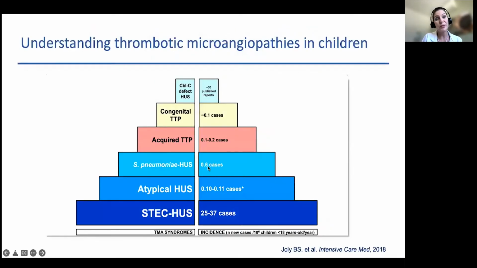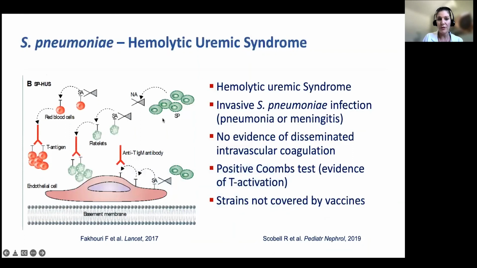In the infants presenting with TMA, especially in the ICU, it is very important to understand and to think that there may be a pneumococcal HUS. The pneumococcus produces a neuraminidase that cleaves the sialic acid and leads to agglutination of IgM. This can lead to a positive Coombs test.